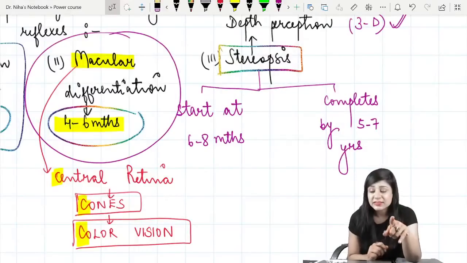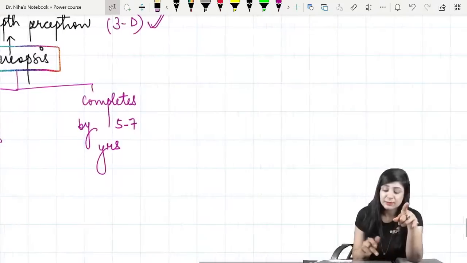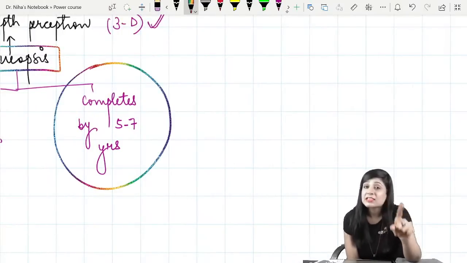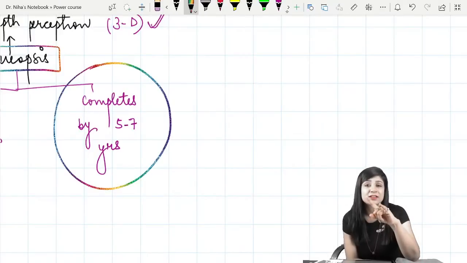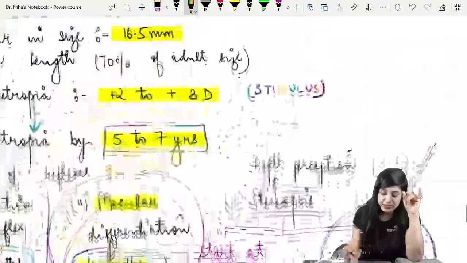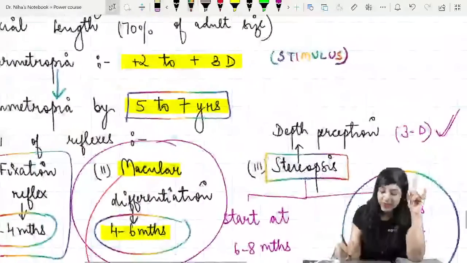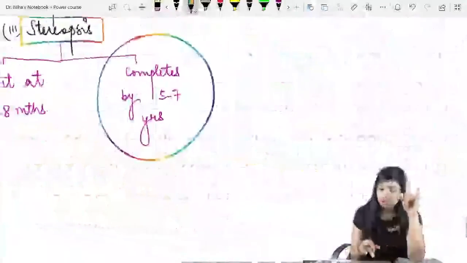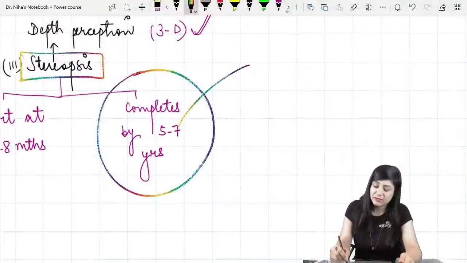And if you look at the stereopsis, the full completion is at 5 to 7 years. Now what else was taking place at 5 to 7 years? If you look here, at 5 to 7 years, we have this emmetropia also.